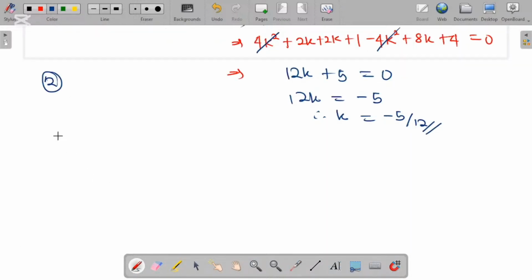It says the roots of a quadratic equation of the form ax squared plus bx plus c, a quadratic function of this form, are real and distinct. If graphically plotted, the curve cuts the x-axis at.